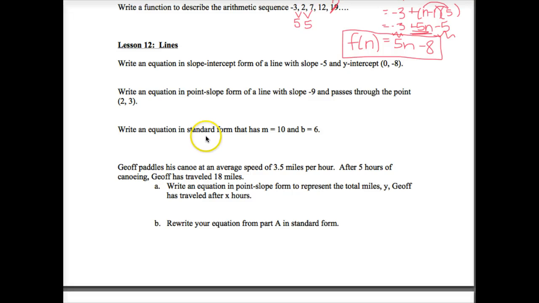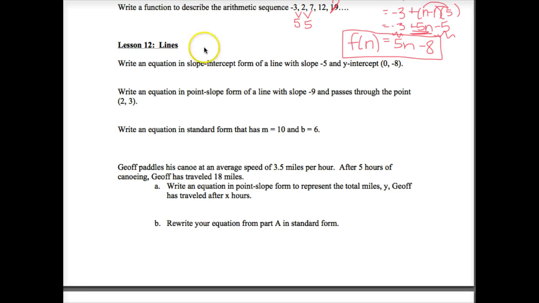If you are given the slope and the intercept, then you need to first write it in slope-intercept form. If you can find the slope and a point, then you have to start with point-slope form. So you don't get to choose, and you're not going to be able to go directly to the form that it asks for.